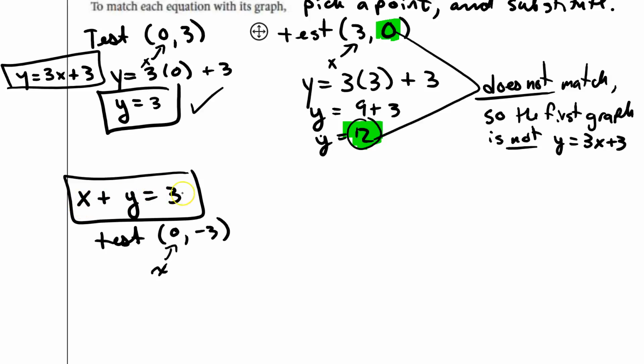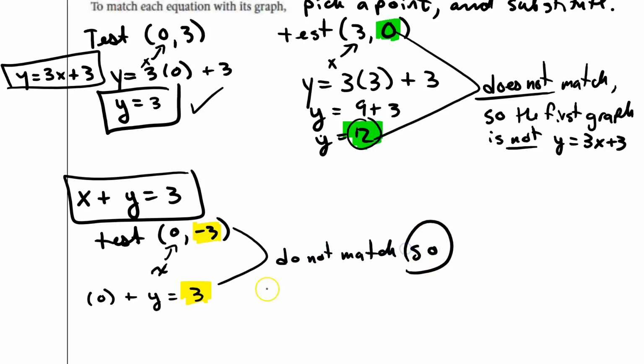So I'm just going to copy this and substitute 0 in for my x. So 0 plus y equals 3. So this does not match. Negative 3 and 3 do not match.